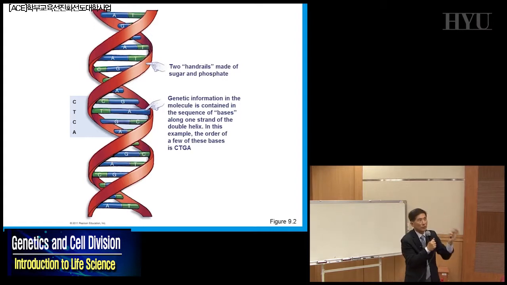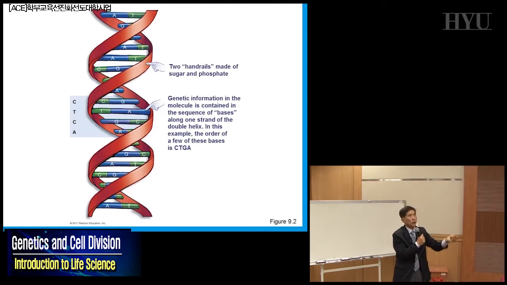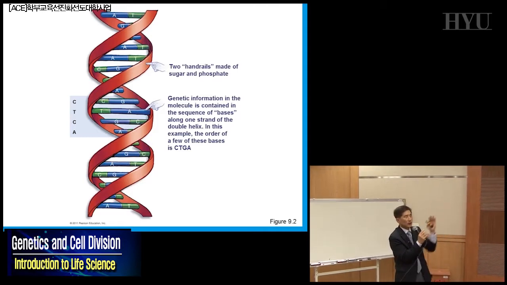The outside handrail can be compared to stairs. If you go to a battleship or a lighthouse, with very narrow space, they have to put in stairs. That handrail is made of phosphate and sugar.